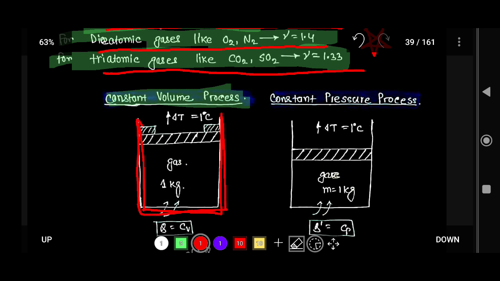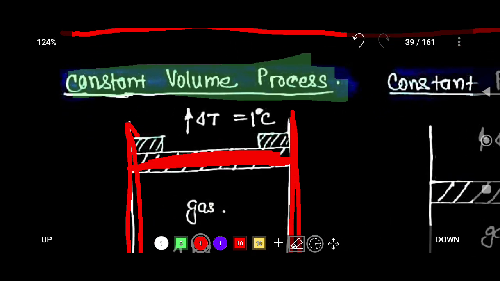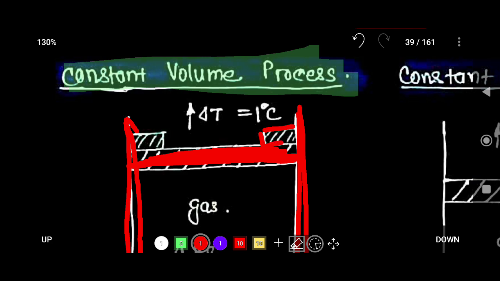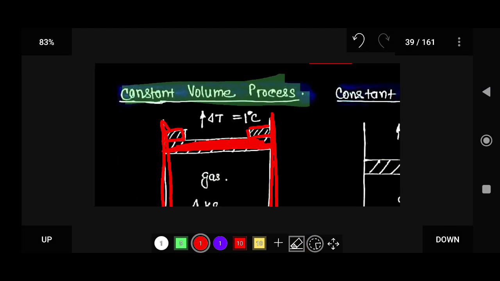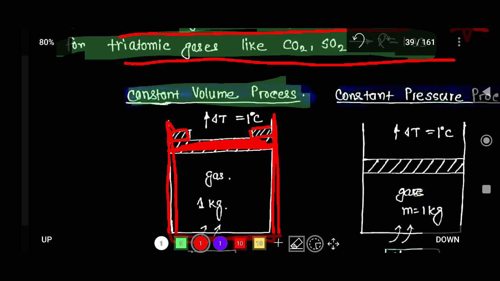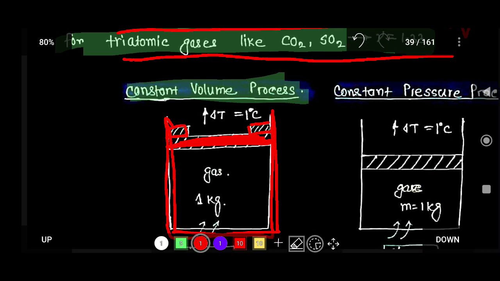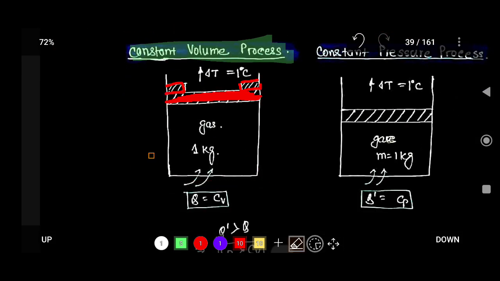There is a cylinder with a piston on it, and there is a rigid wall, because the piston cannot go in the upward direction. So this restricts the piston.